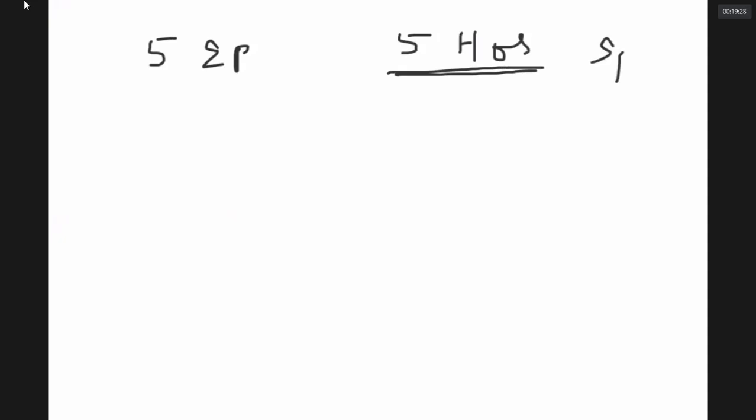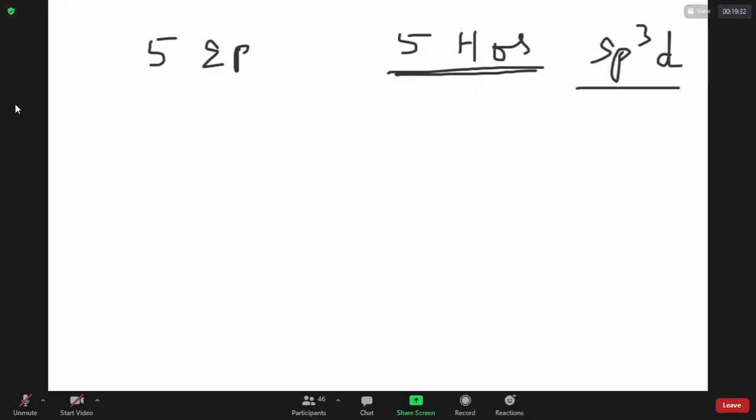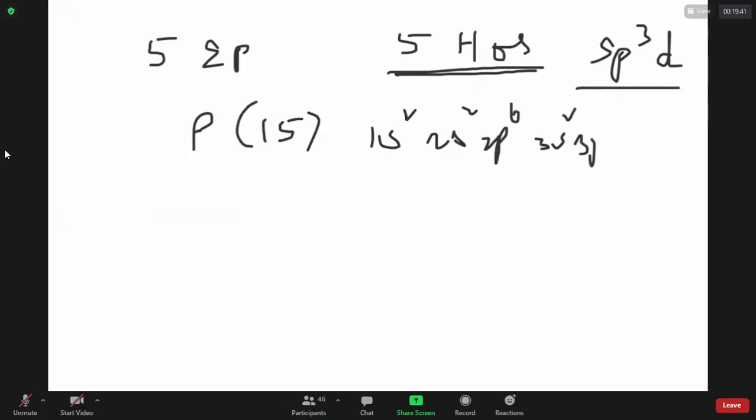Let us suppose the central atom has 5 electron pairs. 5 electron pairs can be accommodated in 5 hybrid orbitals. What is that hybridization that gives 5 hybrid orbitals? sp3d. And in phosphorus, if I look at the configuration: 1s2, 2s2, 2p6, 3s2, 3p3, 3d0.